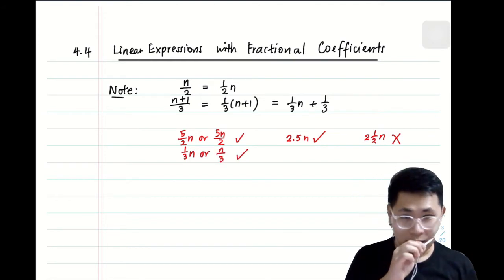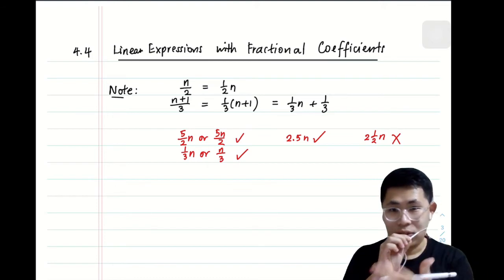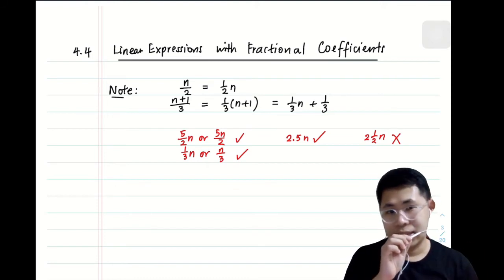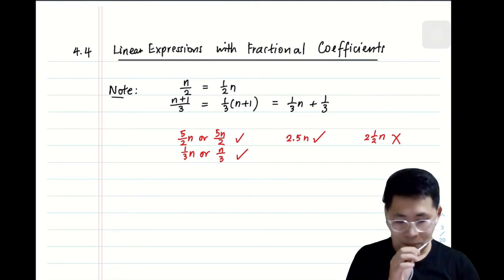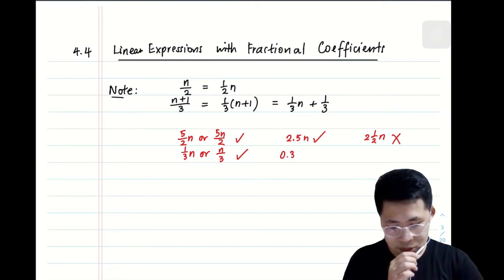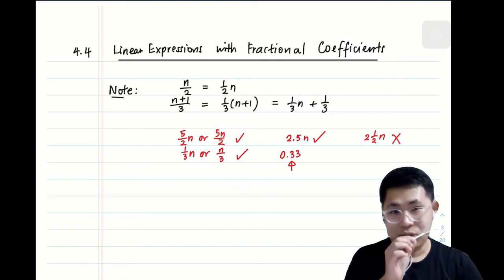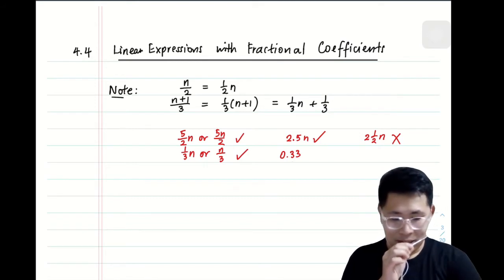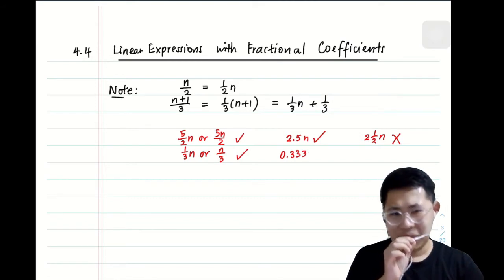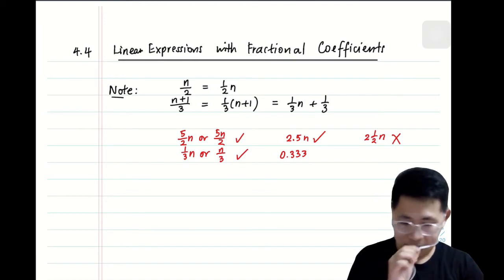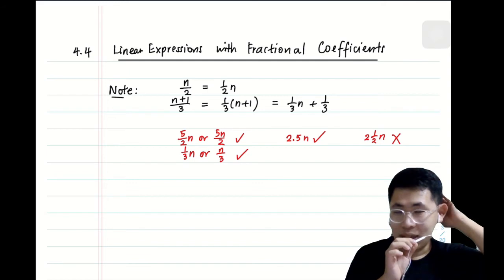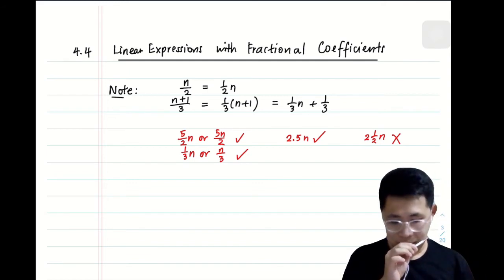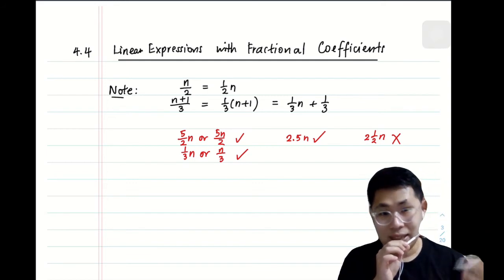This one is okay, but if we were to write it in decimal, how do we express 1 over 3 in decimal form? Is it 0.33? No, technically this is 33 over 100. 0.333 is 333 over 1,000. So you can't get an accurate value of 1/3 by writing it as a decimal.